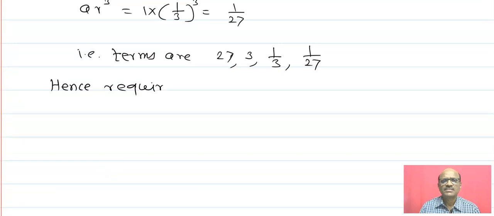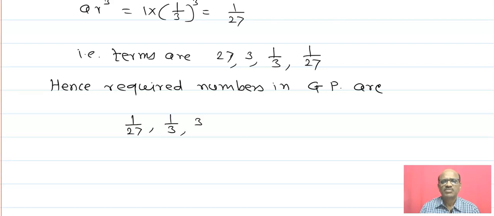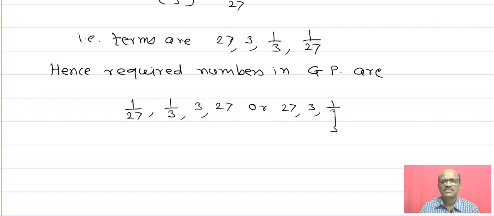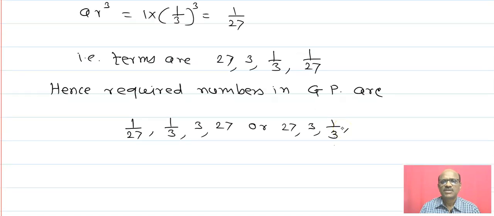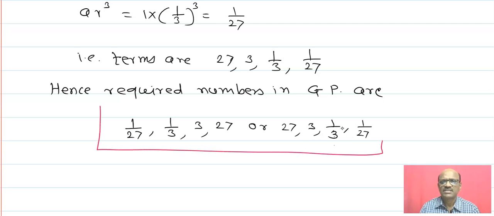Hence, the required numbers in GP are 1 upon 27, 1 upon 3, 3, 27, or 27, 3, 1 upon 3 and 1 upon 27. These are the numbers. Now see this answer.